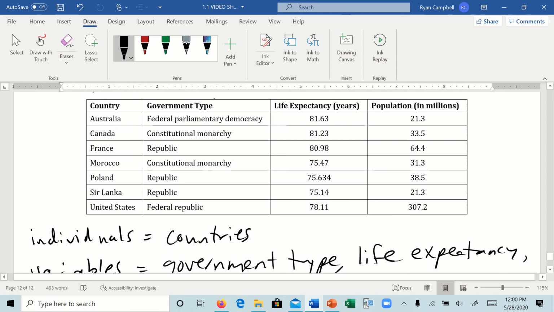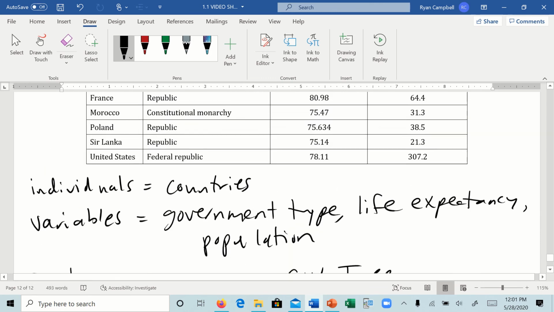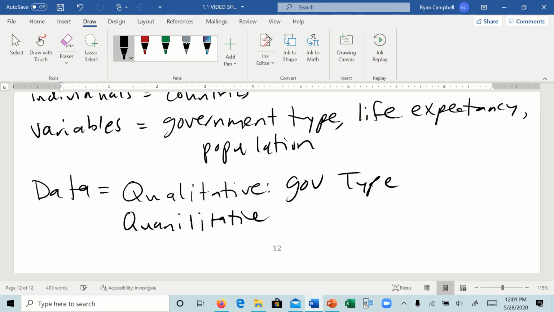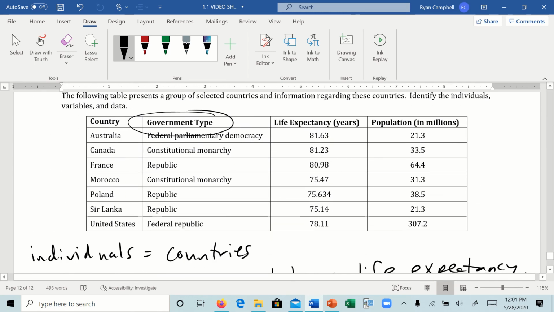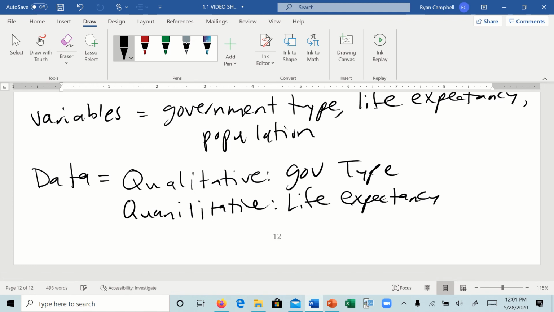Hopefully we can see that the government type is qualitative, right? That's the one that has categories. Then what's the quantitative type? Well, that's the other two. Life expectancy, that's a number. Population, that's a number. So we have life expectancy and population.